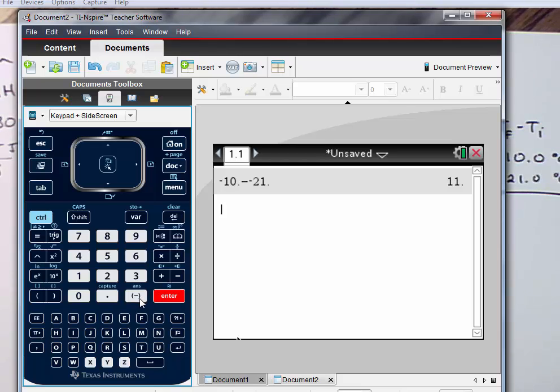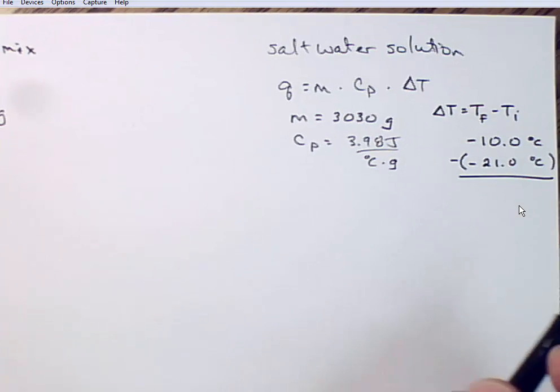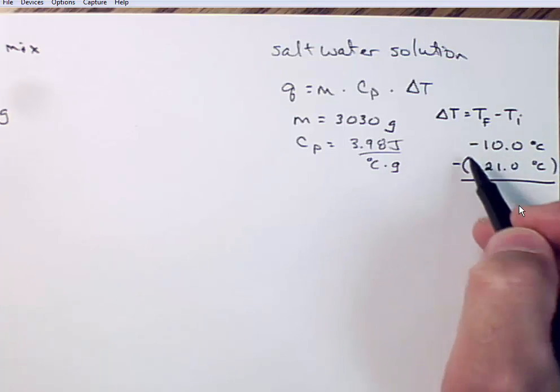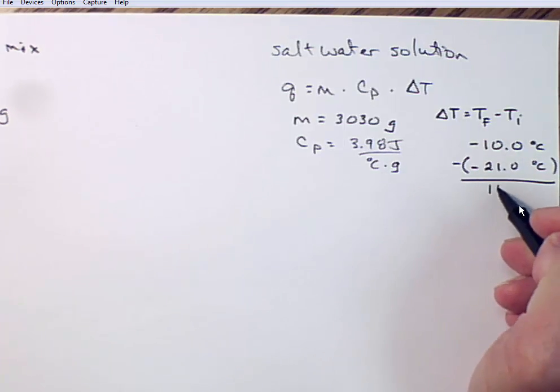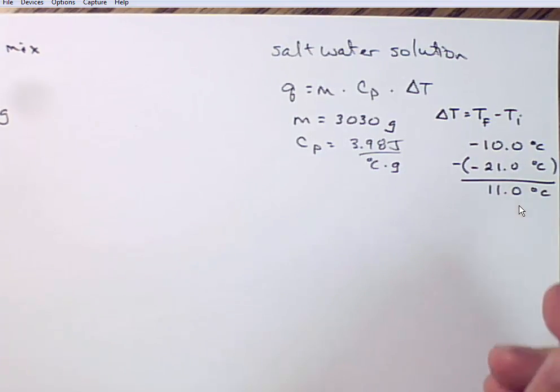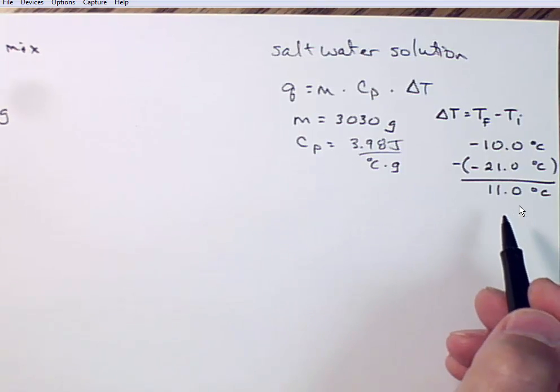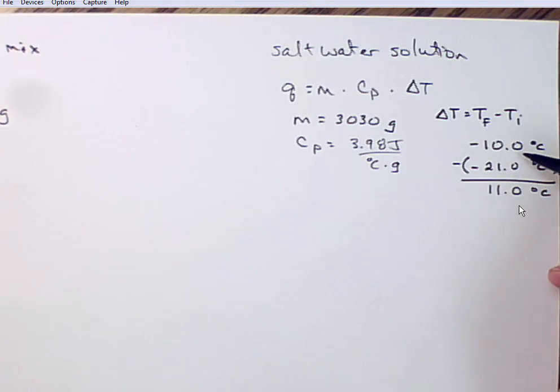Now you can probably figure it out on paper just fine, but that just shows you can use your calculator to be sure of exactly what the change of temperature, or delta T term, is. That's 11.0 degrees C. You have to be smarter than your calculator. You have to know that there's digits in the tenths place, so you can't just go with what's on the calculator.